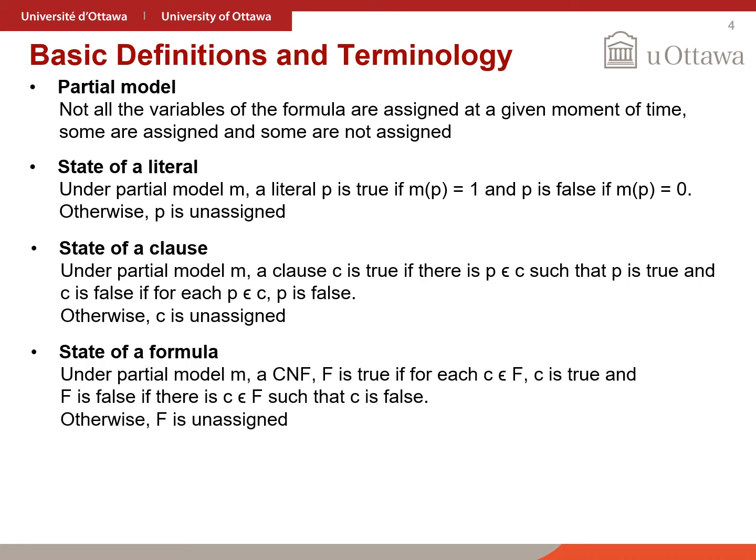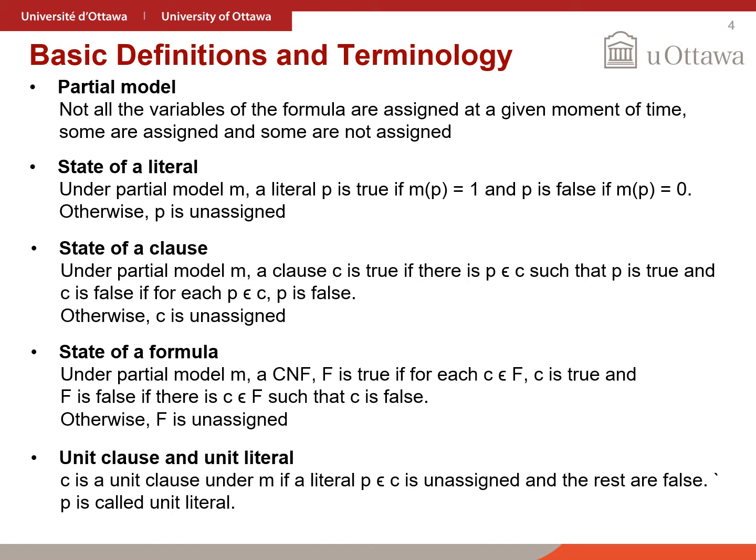Under partial model M, the CNF formula F is true if for each clause C in CNF formula F, clause C is true, and CNF formula F is false if there exists one clause C in CNF formula F such that C is false, otherwise F is unassigned. C is a unit clause under M if a literal P in C is unassigned and the rest are false. Literal P is called a unit literal.